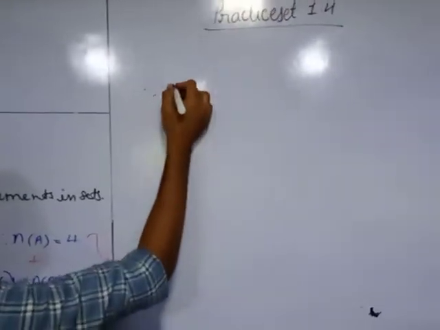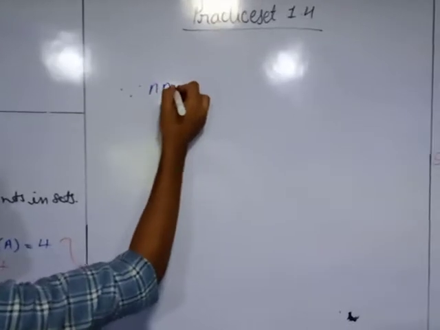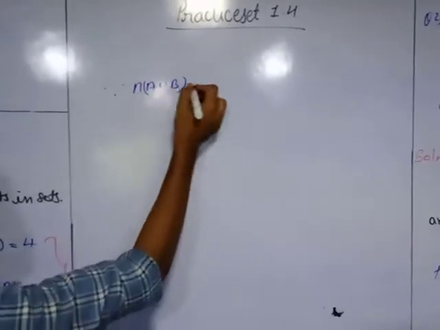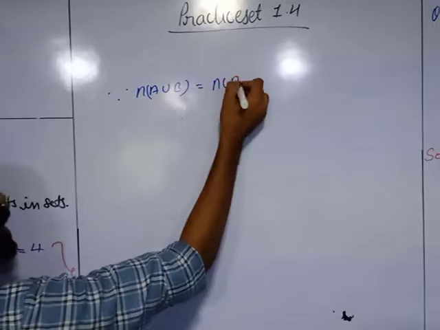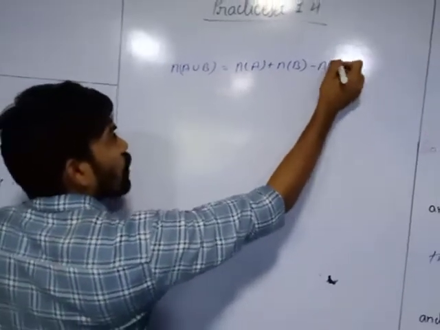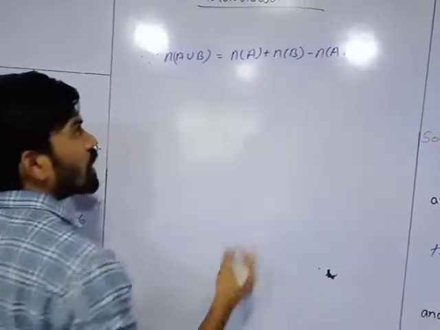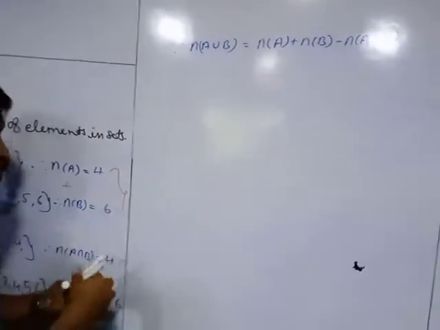As we know the formula, number of A union B is equal to number of A plus number of B minus number of A intersection B. Substitute all the values.